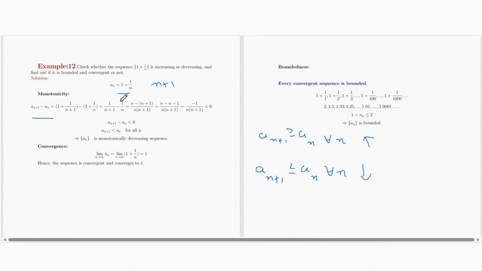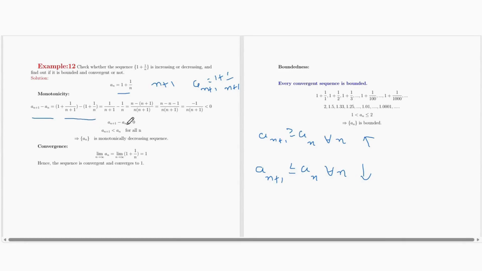So a_(n+1) is equal to 1 plus 1 upon n plus 1. Then a_(n+1) minus a_n is 1 plus 1 upon n plus 1 minus, and a_n is put as it is, 1 plus 1 upon n.